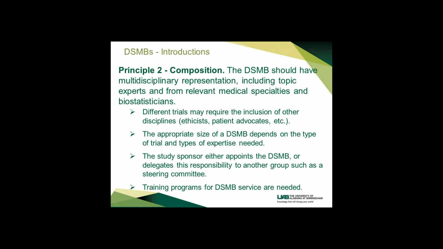And this is especially true with the recent excitement around patient-centered outcomes. So if you're doing PCORI or patient-centered outcome research, then it's in fact required that you have a patient advocate on your DSMB and that you have patient involvement in the trial.